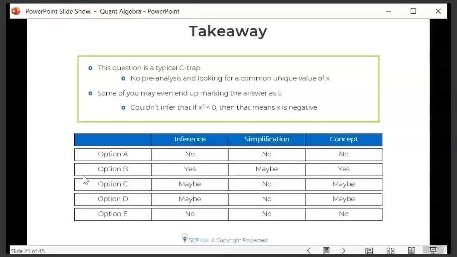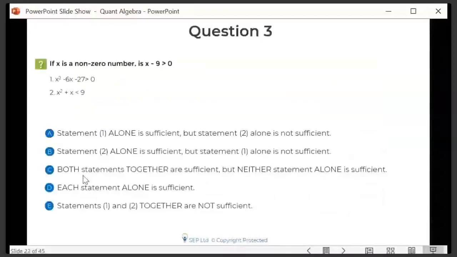Okay, here's the third question, and this is a very good question, a lot of learning in this question. Try it out and let me bring up the poll. Again, I'll give you 2.5 minutes to solve the question. Another 15 seconds, guys, then I'll end the poll.